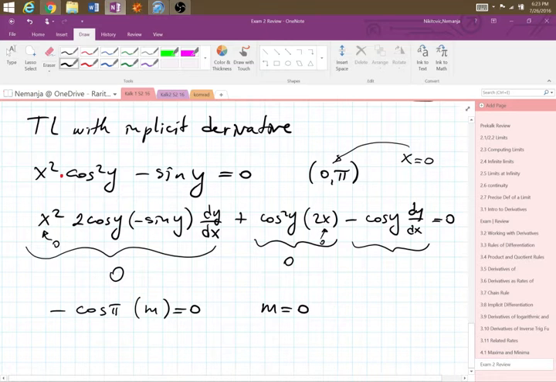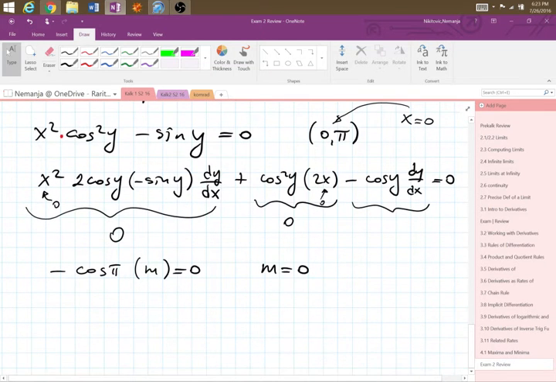Awesome. You don't have to solve for dy/dx. You just plug everything in. And if one of these factors makes a 0, the whole term dies. So now we have the slope is 0. We have the point (0, pi). y equals mx plus b, so pi is equal to slope of 0 times 0 plus b. b equals pi.